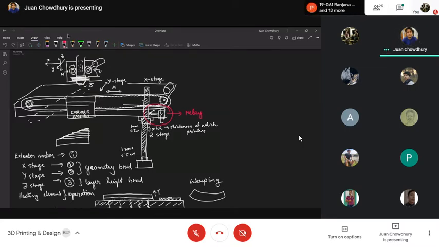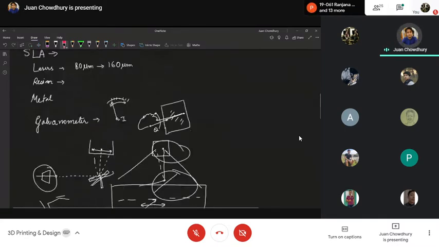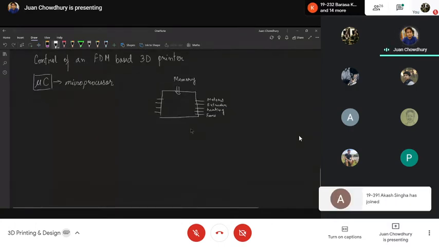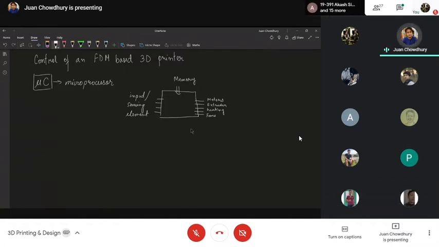All right. So these sort of elements will act as an input to the microprocessor, input in terms of sensing element. So a 3D printer would definitely have some input elements, some output elements, and some memory access, which will lead to some programming.